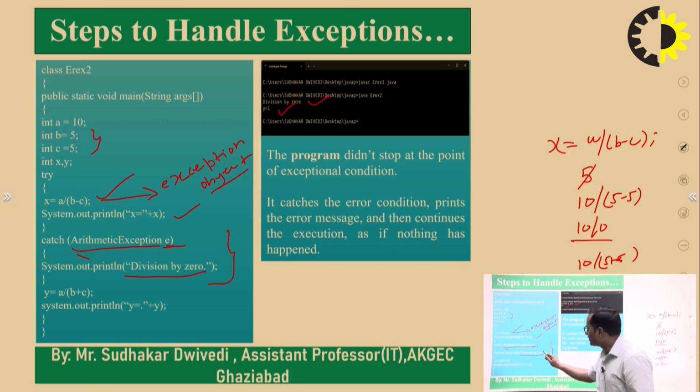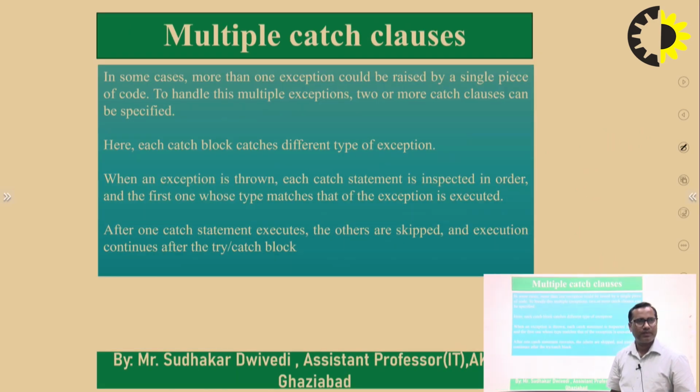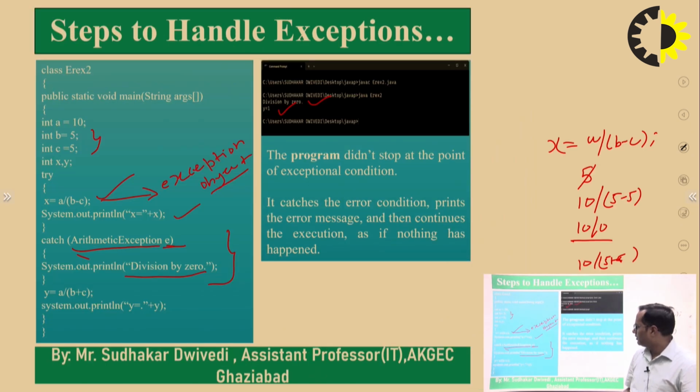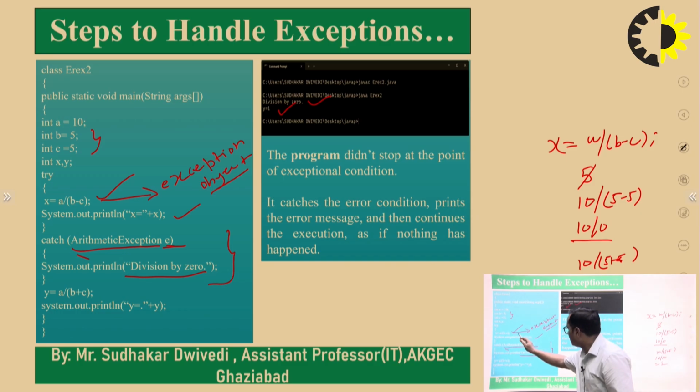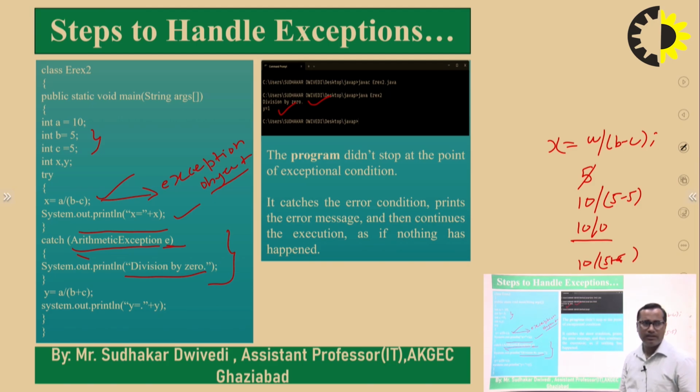So this catch block will be executed. In the case of multiple catch clauses, the exception object created by the try block is checked against these catch block exception types, and whenever a match happens, the corresponding catch block will be executed.